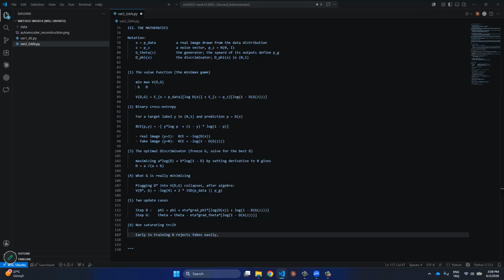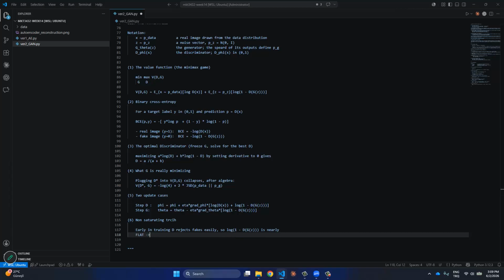But if your generator generates a red dollar, the discriminator easily rejects it. So log(1 minus D(G(z))) is nearly flat, which means the gradient is equal to 0, so G gets no learning signal and cannot learn.